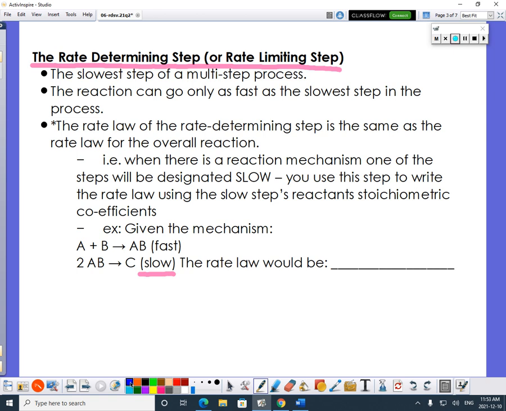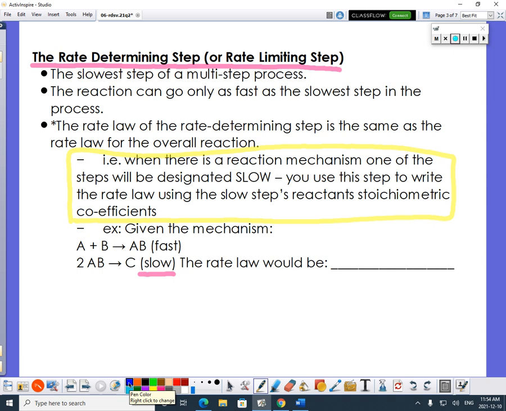So there are 2 types of rate law questions. We did one where you had to figure out the power, where you're given the chart of data. Another way to do the rate law, if you have a slow step, you can use the slow step. So this is much, much, much easier.